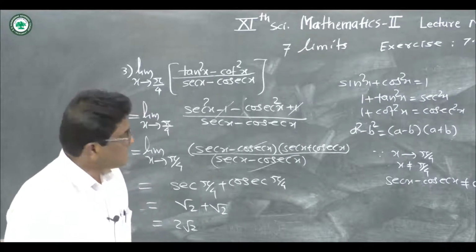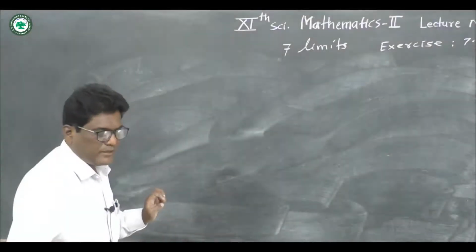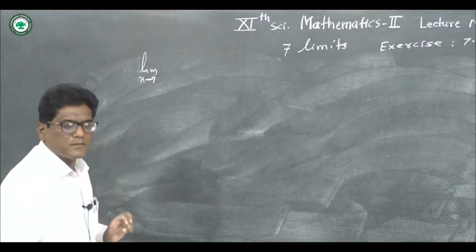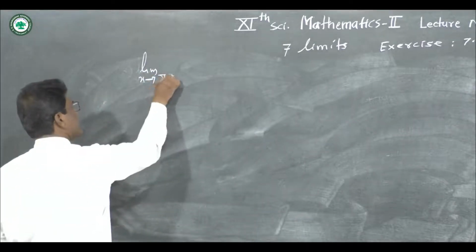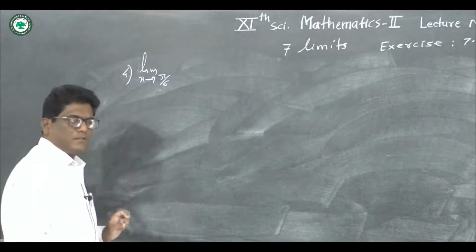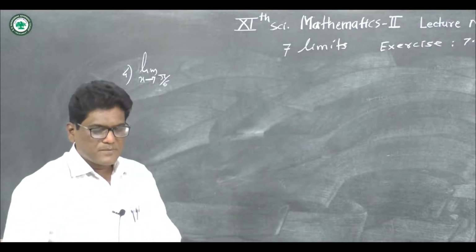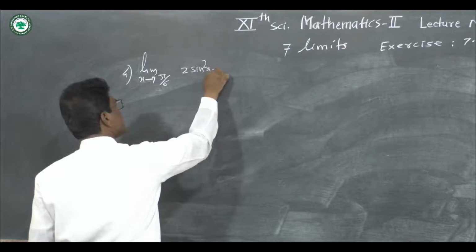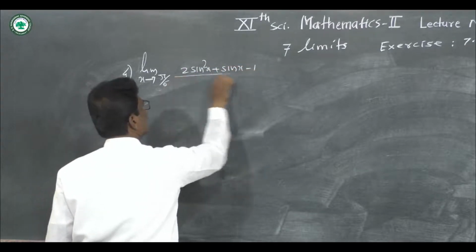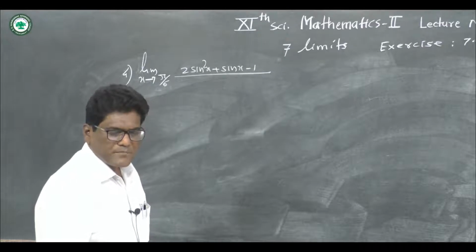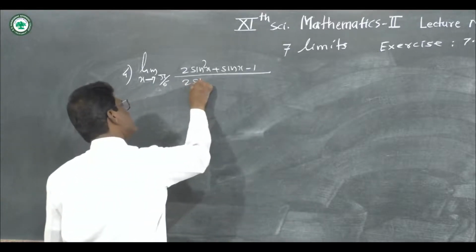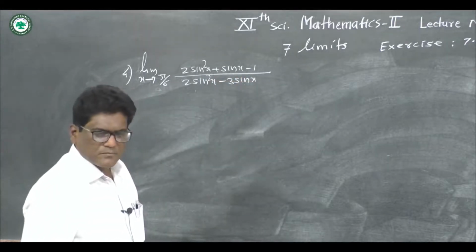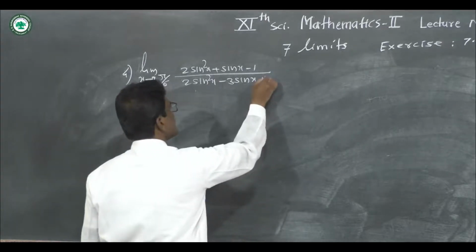Limit as x tends to pi by 6 of (2 times sine square x plus sine x minus 1) divided by (2 times sine square x minus 3 sine x plus 1). We have to solve this.